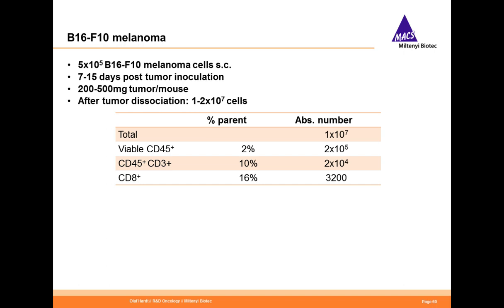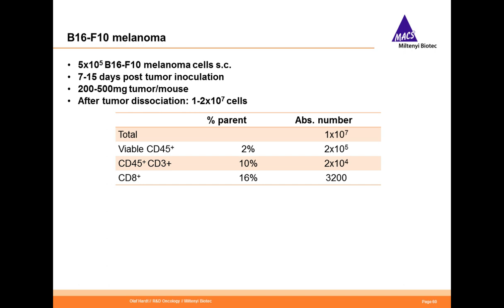So if you now want to do flow analysis, let's say you start with 10 million cells. B16 is not very well infiltrated, so you have about 2% CD45 positive cells. 10% of these 2% are CD3 positive T cells, and 16% out of the 10%, out of the 2%, are CD8 positive cells.